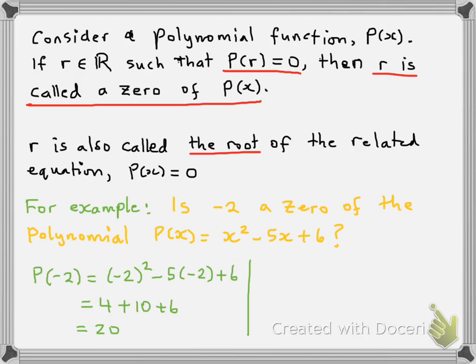P of negative 2 is 20. Because p of negative 2 is 20, that means that negative 2 is not a 0 of the polynomial. Because for negative 2 to be a 0, p of negative 2 has to be equal to 0. So since p of negative 2 is not 0, negative 2 is not a 0 of p of x.